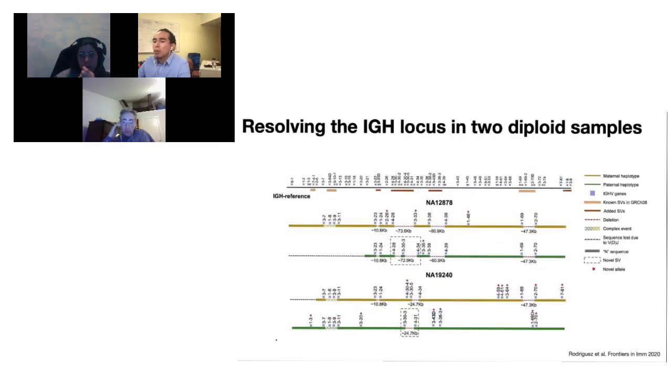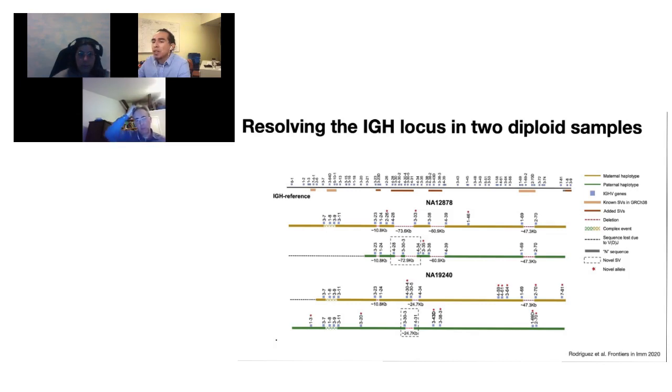We also initially applied our capture method and iGenotyper to 2 diploid samples from the 1000 Genomes Project, NA18278, which is a European representing sample, and NA19240, which is an African sample. On the top is the IGH locus with different variable genes, and on the bottom is a schematic showing the haplotypes for each sample.